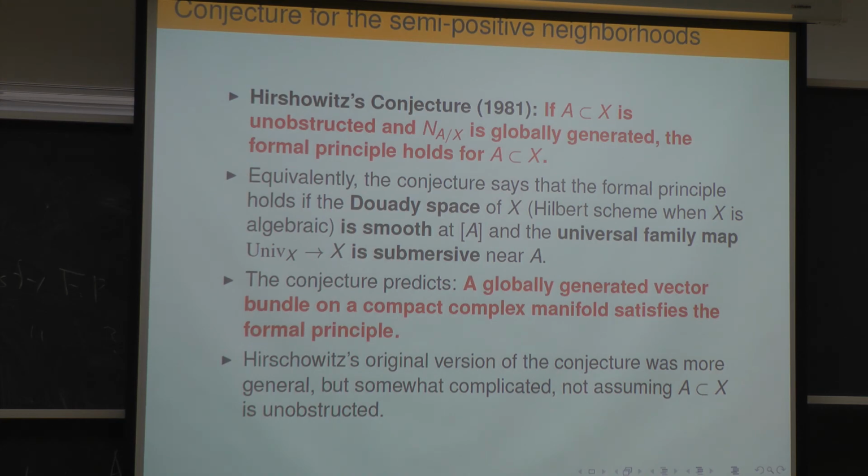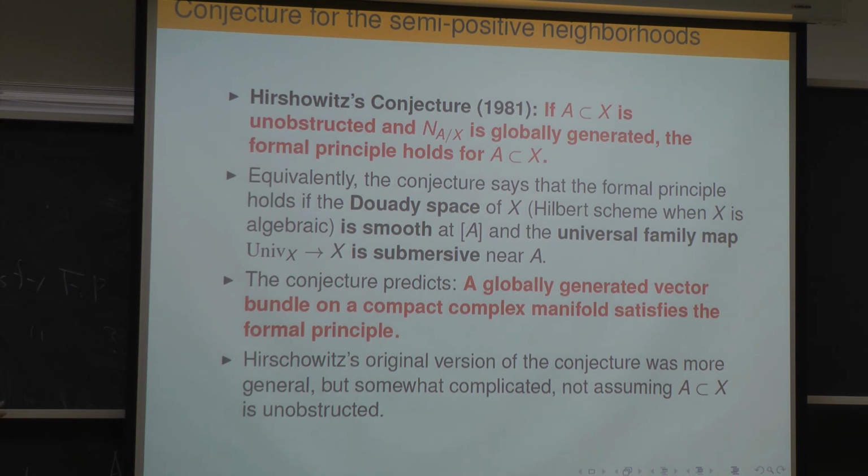But because of this nonlinear nature of the problem, knowing the problem for positive neighborhood and knowing it for flat neighborhood does not guarantee that you can do it when it's combined. So the question is how to combine two different results like this.